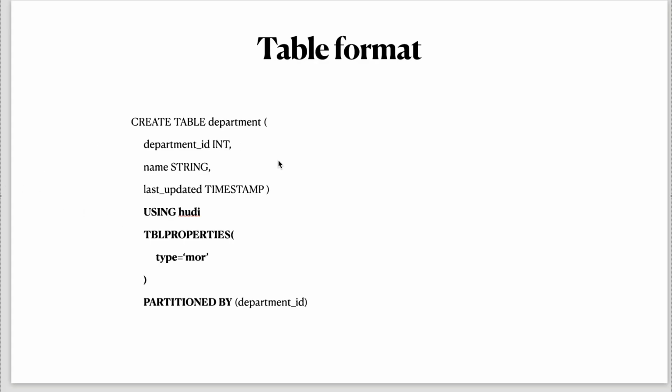If you want to define a table type while creating a schema, this is the way. Using the table property, use the type clause where you can specify cow or mor. COW is the default table type if you're not specifying it while creating the schema. The remaining using clause and partition by clause will be the same.